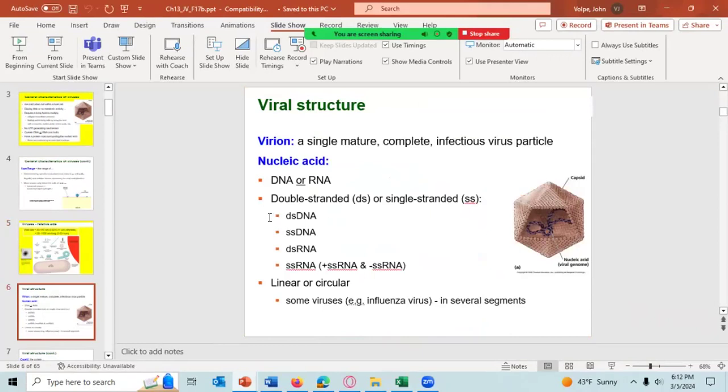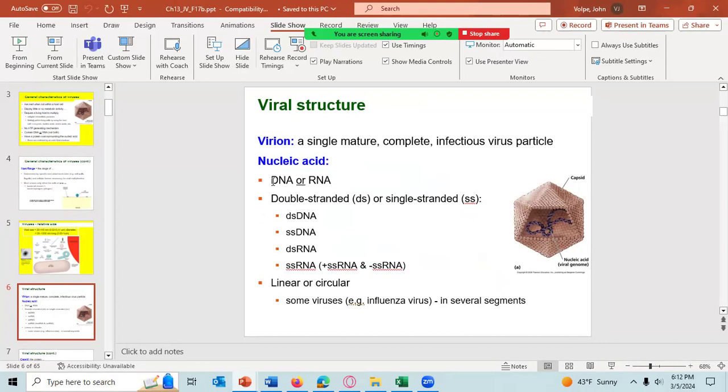Let's talk about virus structure. A virion is a single mature, complete infectious virus particle. So usually when a virus infects a cell, we say that it makes new virions. Viruses have a nucleic acid, that is their genome, and that genome is either DNA or RNA.